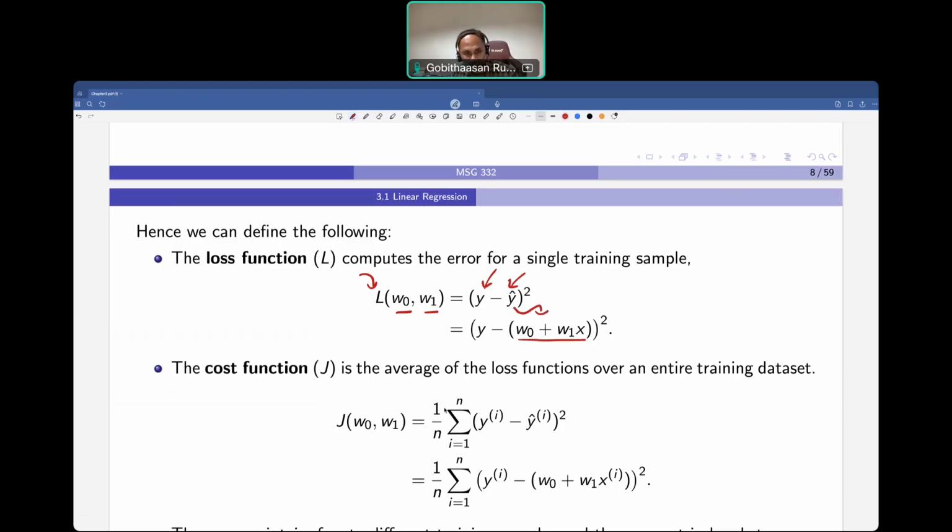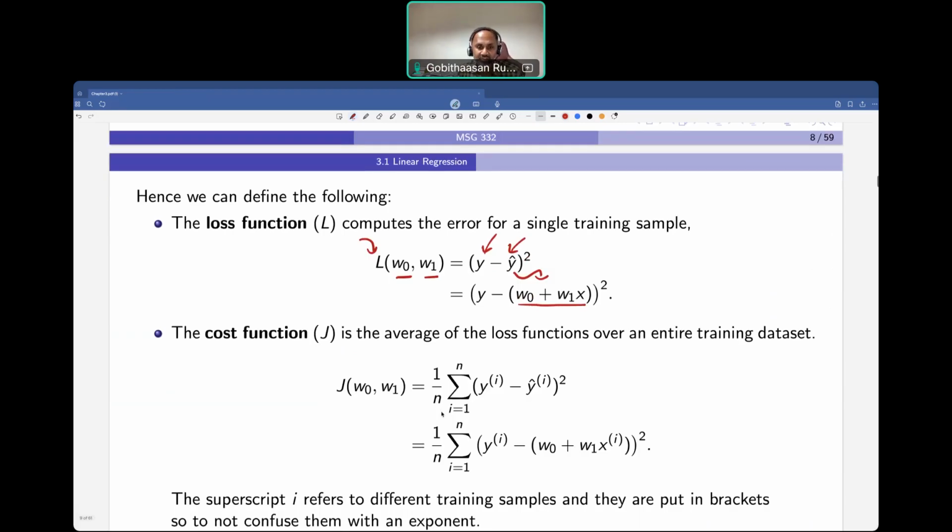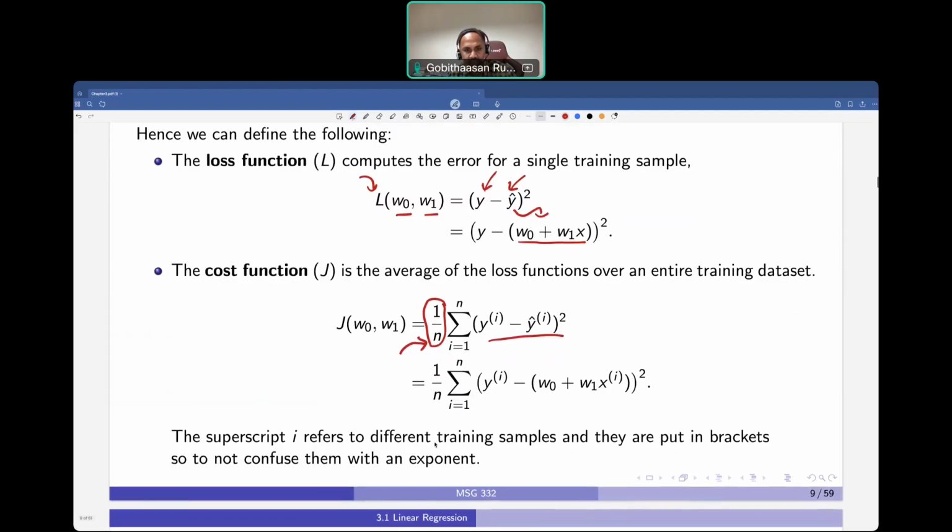Whereas the cost function is the average of the loss function over an entire training data set. So this is the equation on top. What we did is that we sum it up and divide by n, where n represents the number of points that you have in your data. So n is the number of points, or as we are now used to calling it, instances.